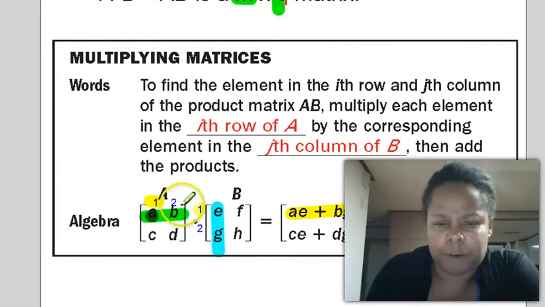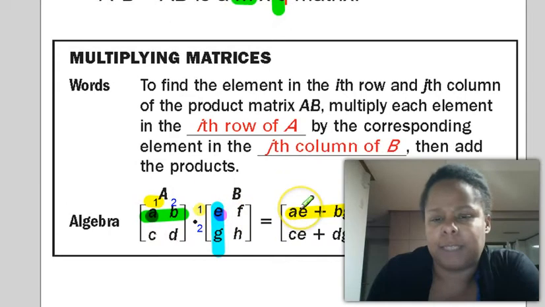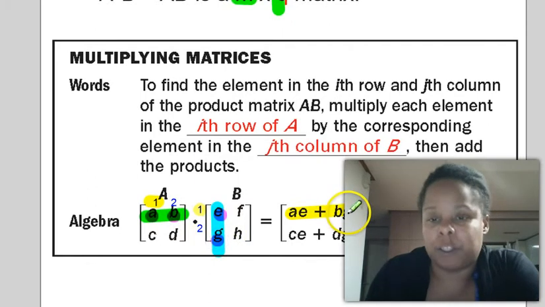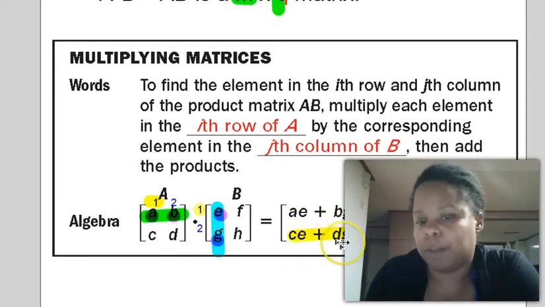First times first is A times E. And then second times second is B times G. And then we add up the resulting products. Okay? That's the process. To figure out the next term in the matrix, in this case, this is the second row, but the first column.